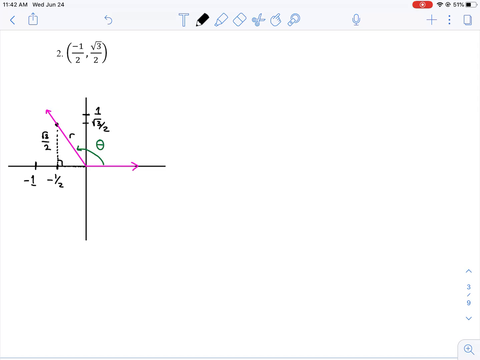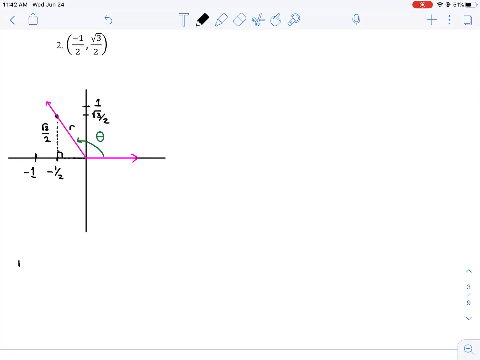So by Pythagorean theorem, we know that r is equal to the square root of -1/2 squared plus the square root of 3 divided by 2 squared. And I will simplify that now.